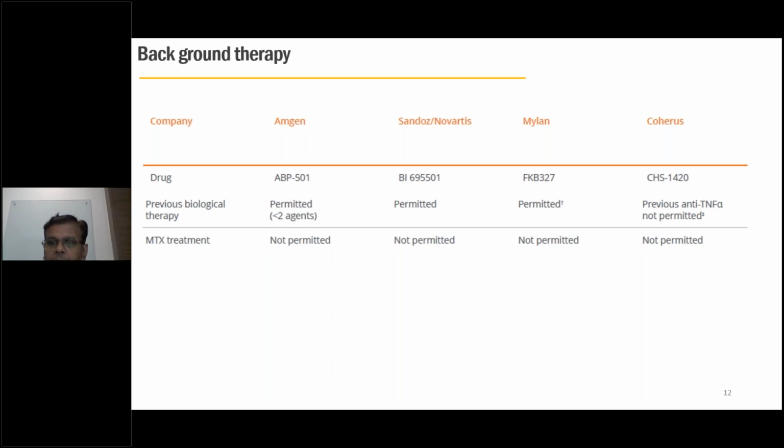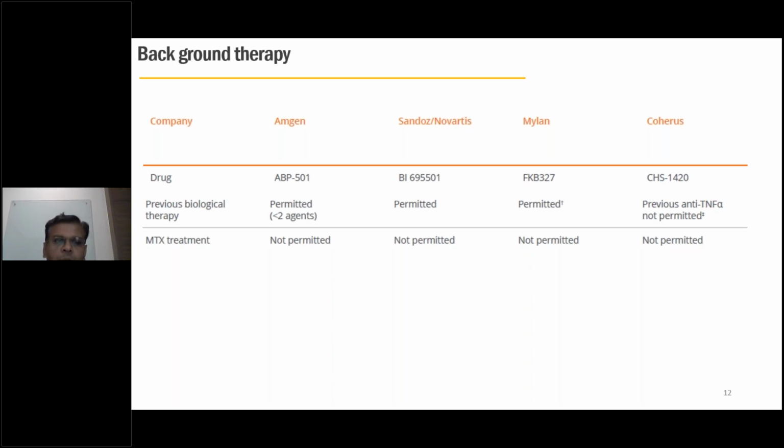This may allow access to branded and biosimilar versions of an approved biological. These are the countries in which there is already a biosimilar available.